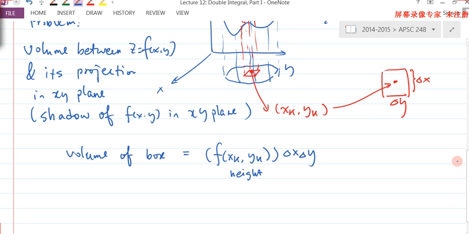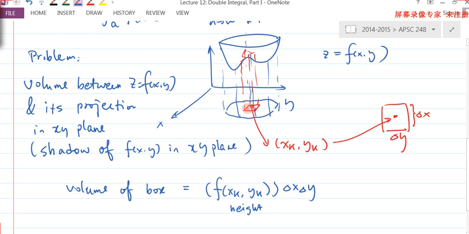And what we're looking for is, imagine there are a number of these rectangular areas inside this shadow. So you can construct similar boxes just like this one, and then you add them up. That'll be an approximation of this volume here.